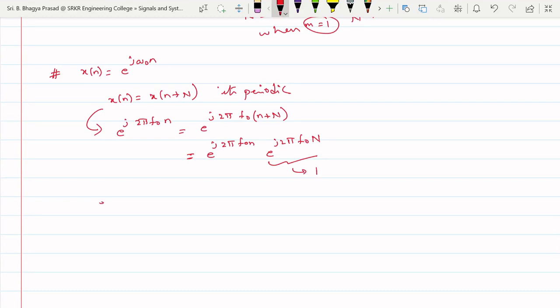So e power j 2 pi f naught n is periodic if e power j 2 pi f naught capital N is equal to 1. This occurs if f naught N is an integer.